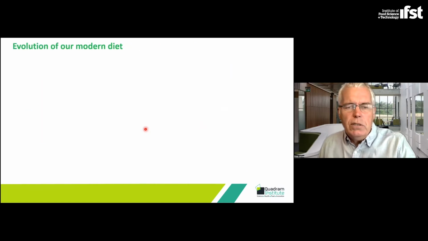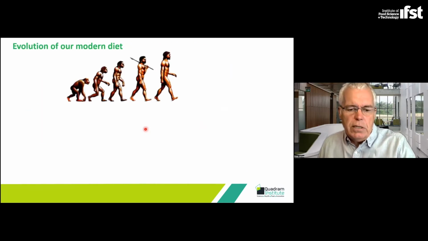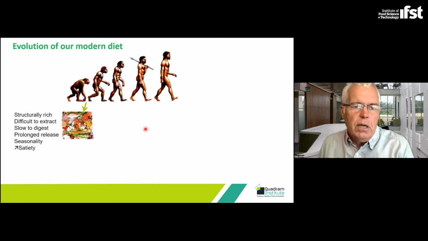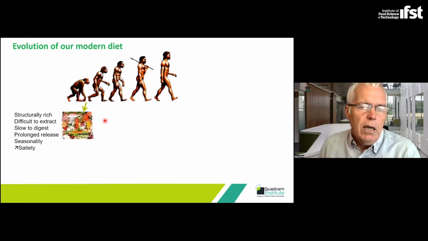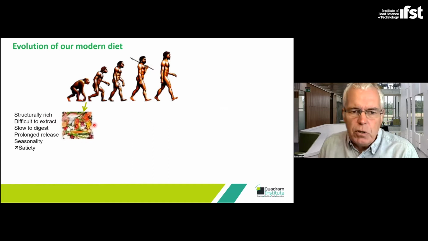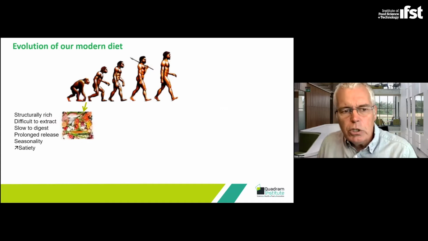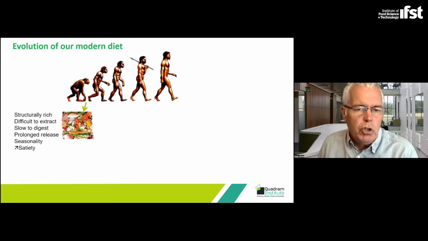Moving into a bit more detail, as I said, our early ancestors ate foods which were structurally rich and unprocessed. The nutrients are very difficult to extract and very slow to digest. And so we developed a digestive system which was able to extract as much nutrition as possible from these highly structured foods. You got this very prolonged release of energy, and great seasonality.